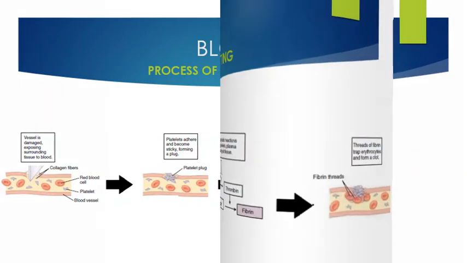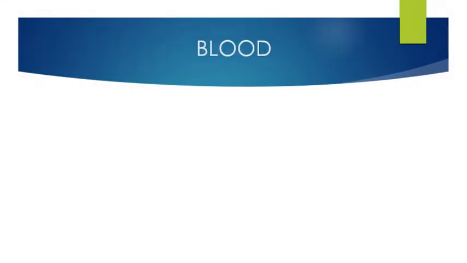Now, let's look at the second part of this lesson, which was talking about blood groups. We said we're going to cover the process of blood clotting, blood groups, and the Rhesus factor. What are blood groups? Well, just to understand what they are, we can say they're a collection of blood that has the same characteristics.